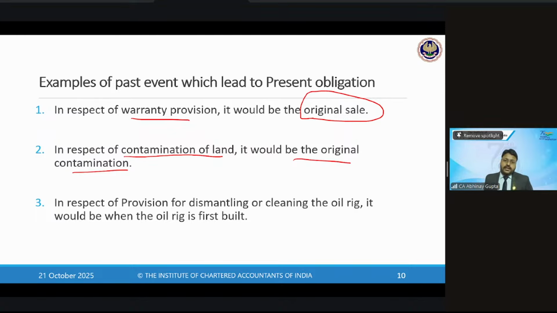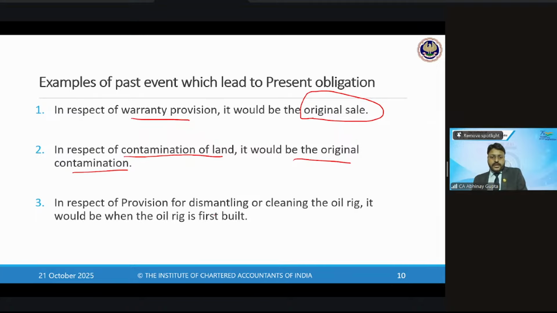Unless and until the company has actually dug on that land and started its factory construction, the land is not contaminated. So for the contamination of land, it would be the contamination itself, right? Unless and until the contamination is there, we cannot say that a contamination obligation arises.